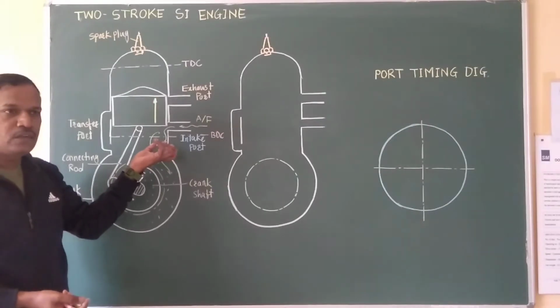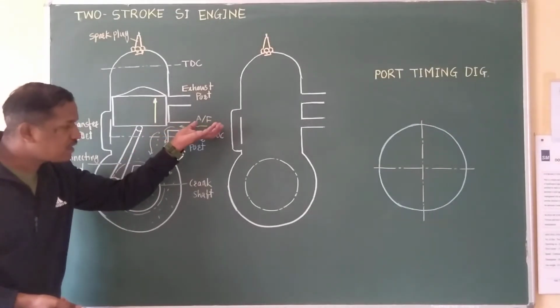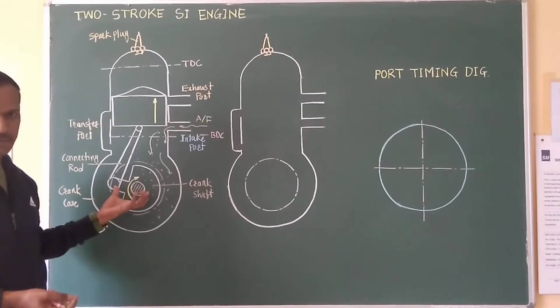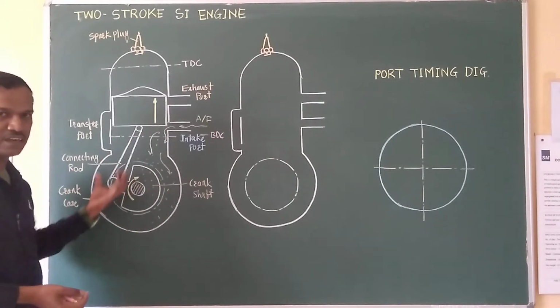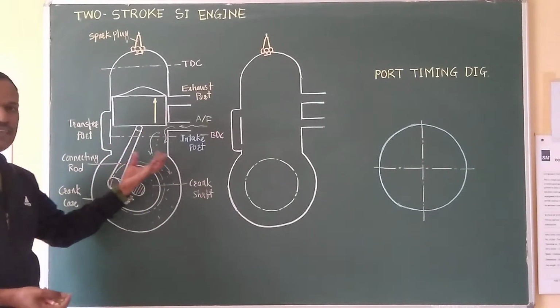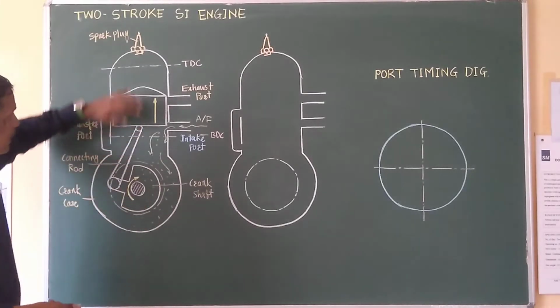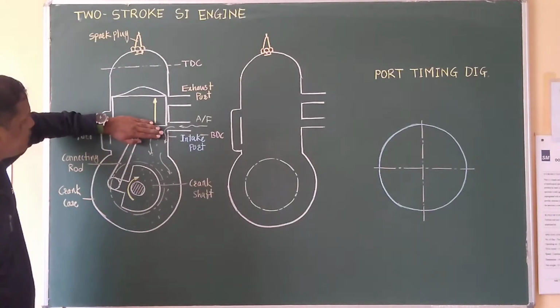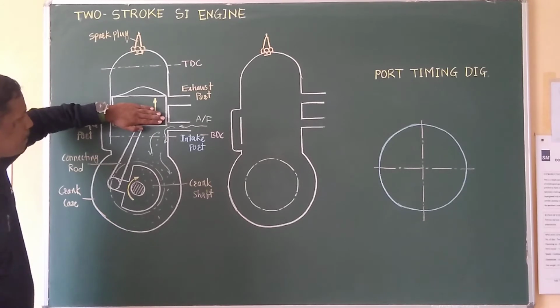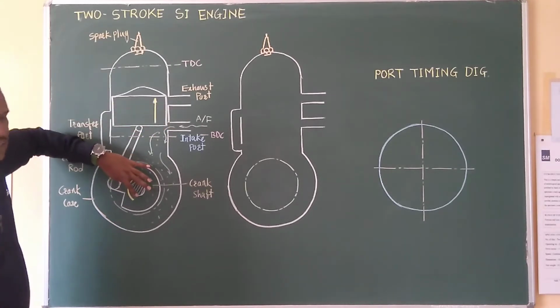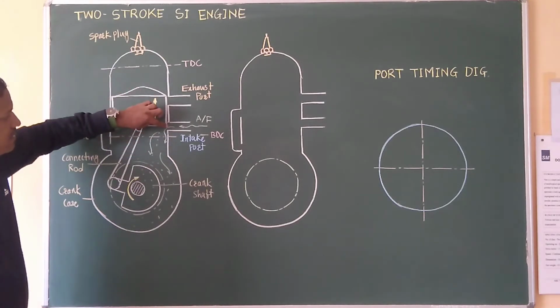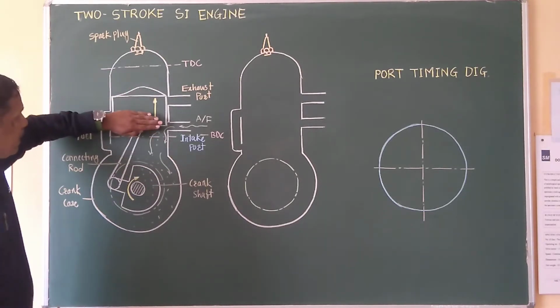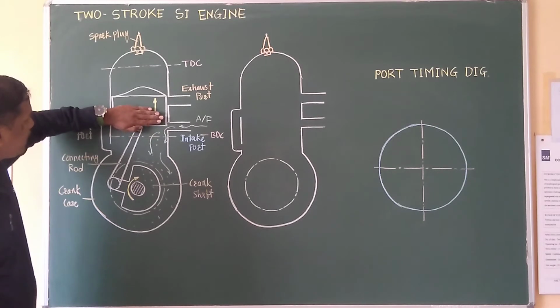At that time the transfer port is closed, the intake port is closed, so negative pressure is created in the crankcase, and during its upward motion it first uncovers the intake port. So whatever negative pressure is there acts to suck the air-fuel mixture inside. So the suction process is there, and on the bottom side of the piston, suction continues.